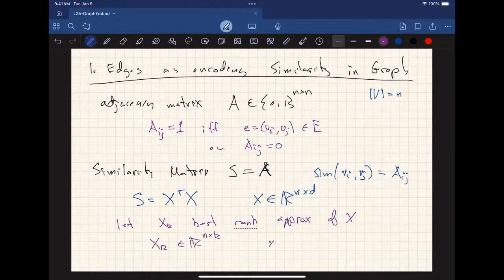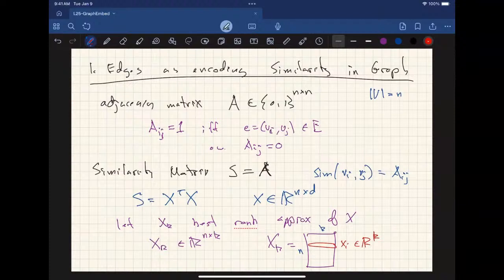And I could think of X_k as this matrix now that's going to have k columns and n rows. And if I look at the element x_i, which is going to be a row in here, this is going to be an element in R^k.